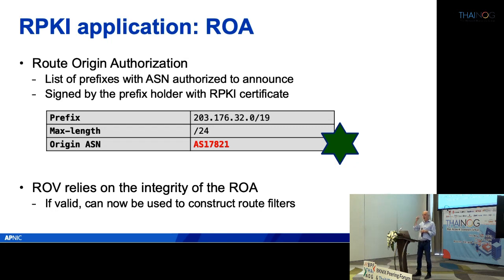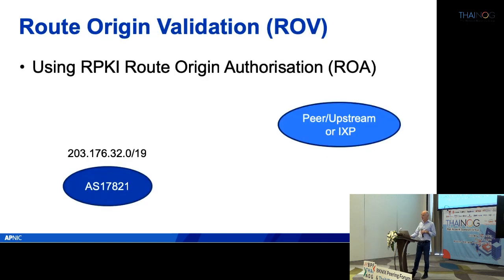By creating this ROA as a certificate holder, you're telling the world that you're giving permission for certain autonomous systems to route your address space. That's a very nice, current and working example of how RPKI can be applied and be useful, and there will be other applications in time.